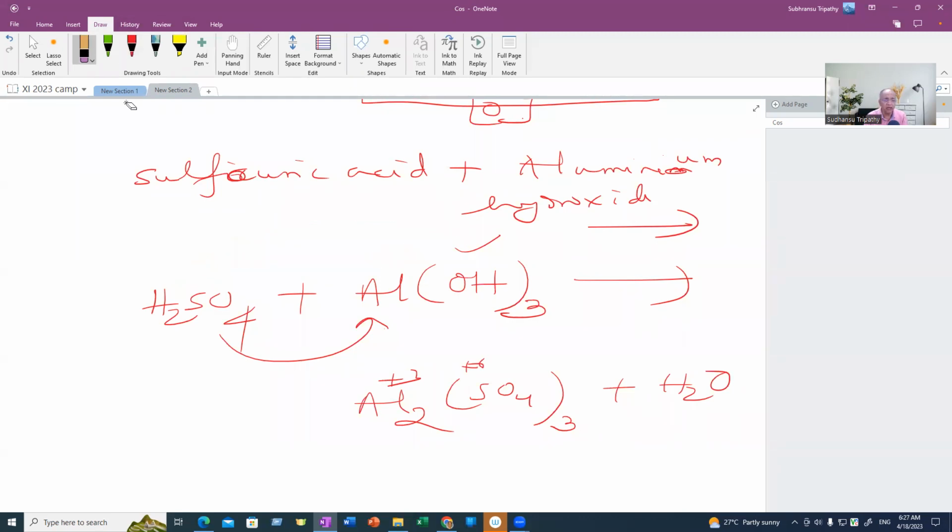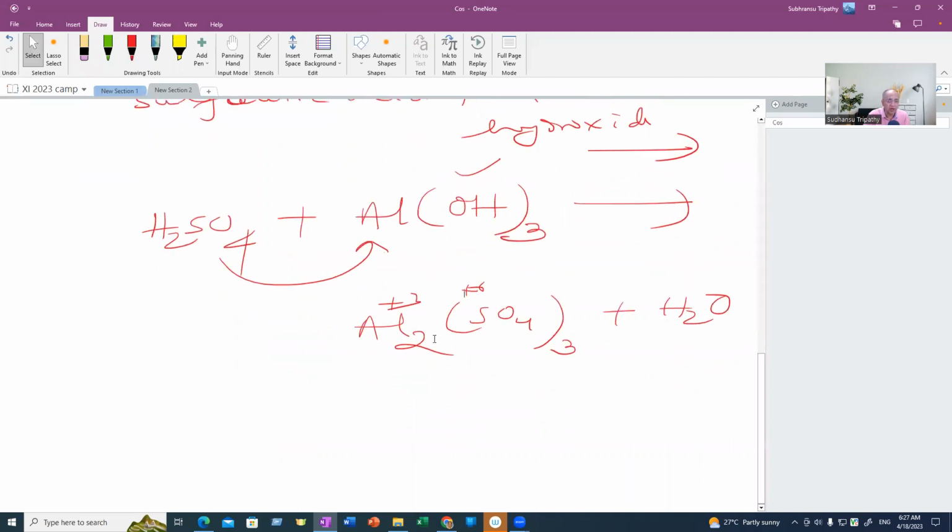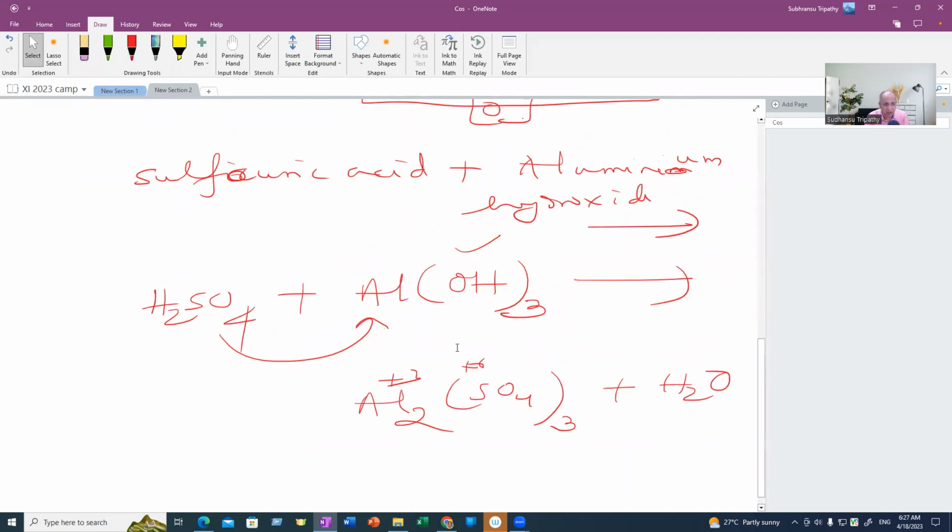So that kind of reaction is called a non-redox or so-called metathesis reaction. You can understand the difference once you are given some tasks. These metathesis reactions do not need any special method to balance. This is done by hit and trial.